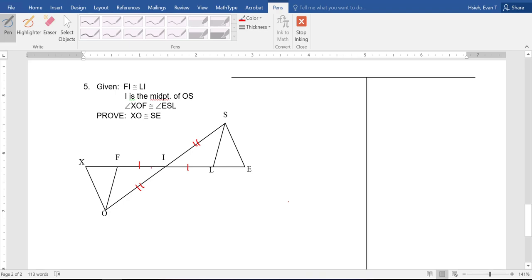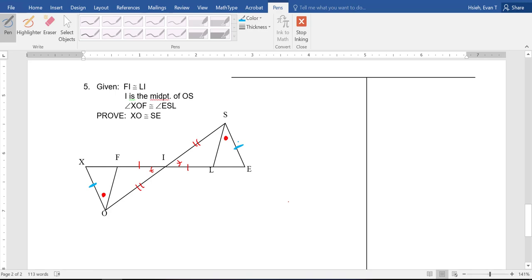I also, hopefully you can see, have vertical angles right there. Angle XOF is congruent to angle ESL, which is right there. And I'm trying to prove that XO is congruent to SE.